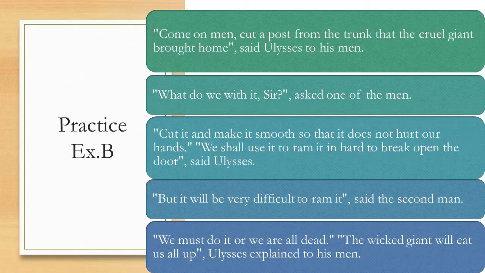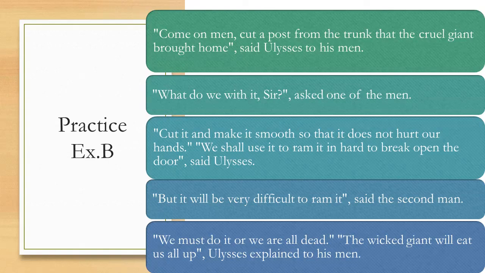For example, "Come on, men, cut a post from the trunk that the cruel giant brought home," said Ulysses to his men. So the spoken words are, "Come on, men, cut a post from the trunk that the cruel giant brought home."